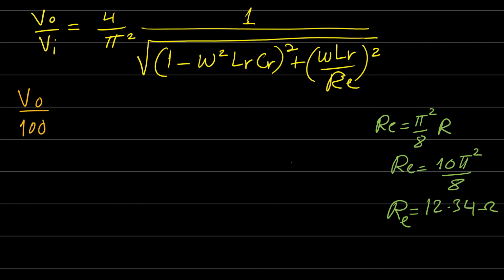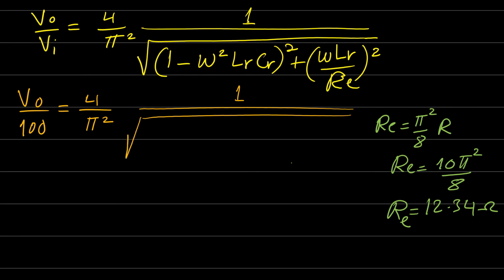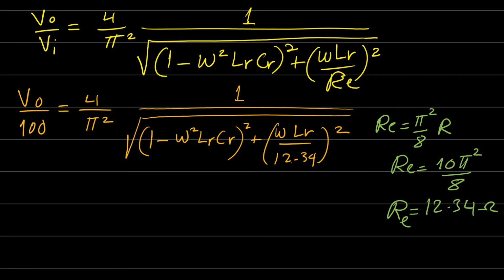Substitute with this value, so you'll find V out over Vin. Vin is 100 volts, times 4 over pi squared. We know all the information here: 1 minus omega squared LRCR, where omega is 2 pi times 120 kilohertz, plus omega LR over 12.34 squared.